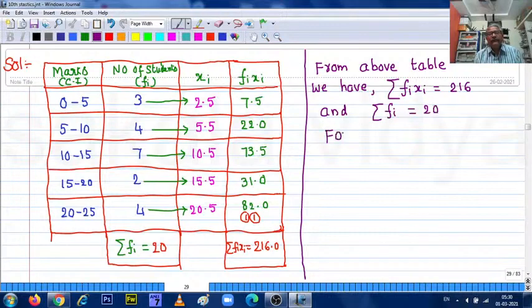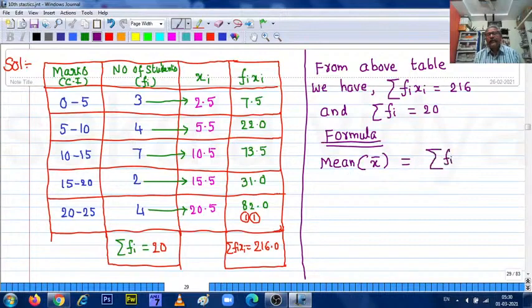Now the formula, we compulsorily need to write. It's very important. The mean using the direct method is given by x bar equal to summation of Fi Xi, that is sigma Fi Xi, divided by summation of Fi, that is sigma Fi. So let us substitute here: 216 divided by 20.